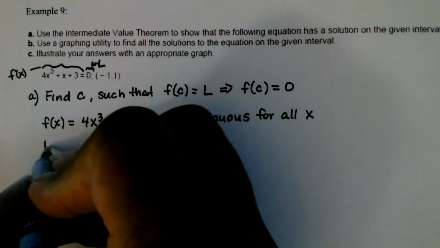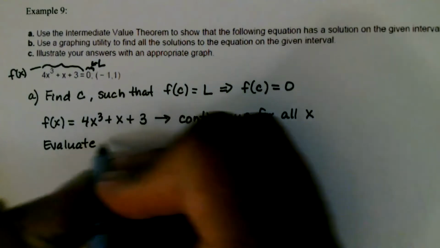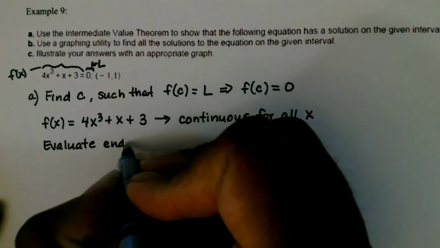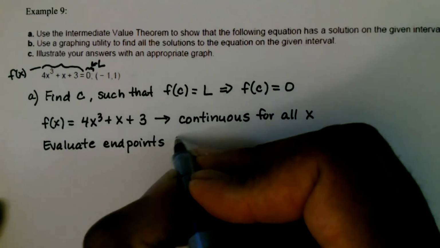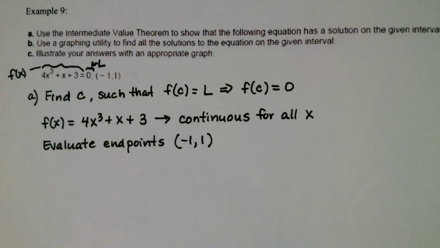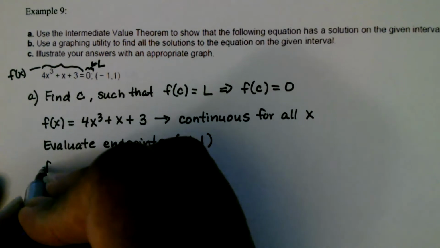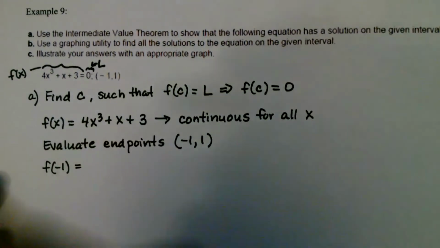All right, next we're going to evaluate the endpoints, which are -1 and 1. I'm going to substitute the x in f of x with -1 and with +1. Let's start with f of -1 and substitute each x with -1.